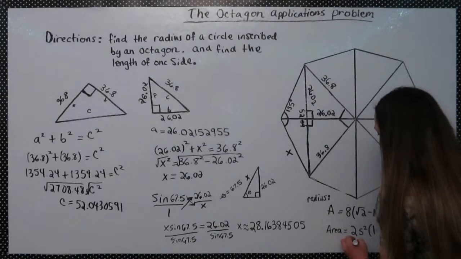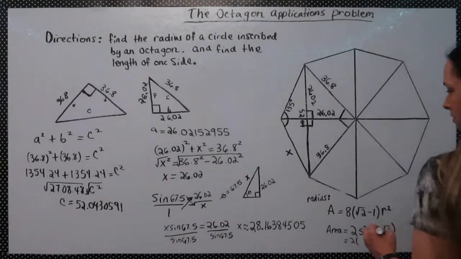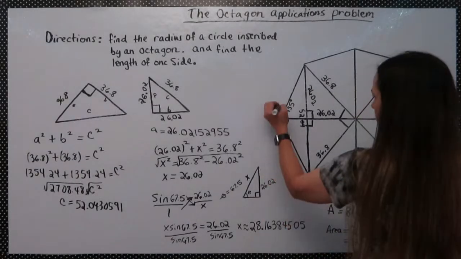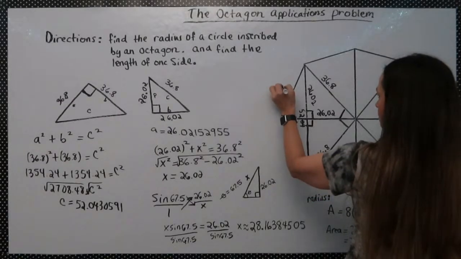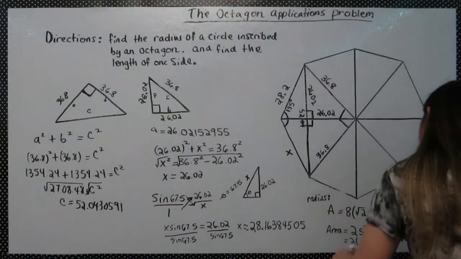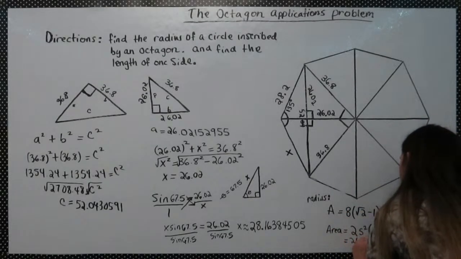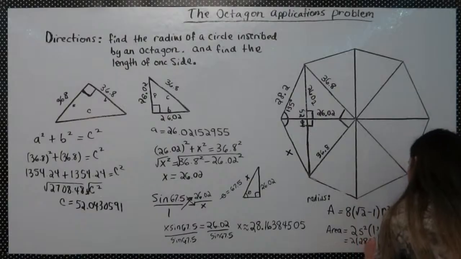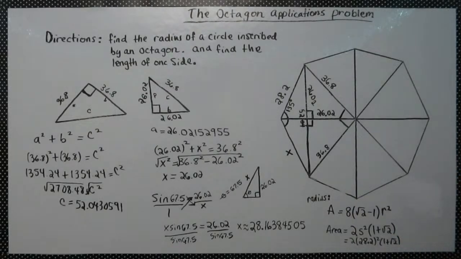So it's going to be 2 times that side length. What was it? 28.2. So we'll say 2 times 28.2 squared times 1 plus radical 2.